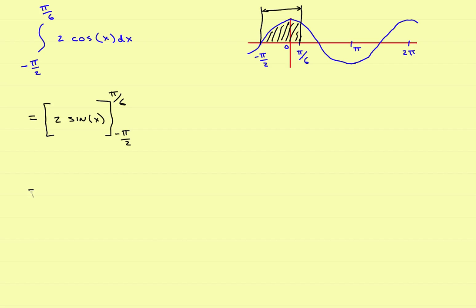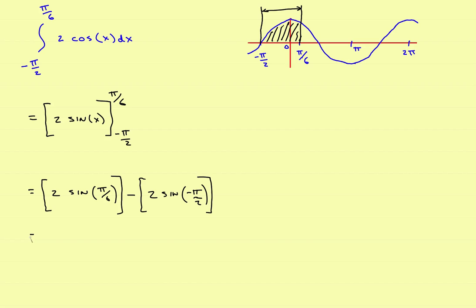As we've done in the past, plug in the top number, 2 times the sine of pi divided by 6, then minus 2 times the sine, and this time plug in the negative pi divided by 2.